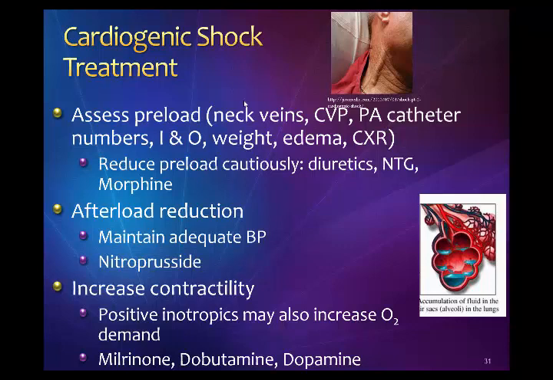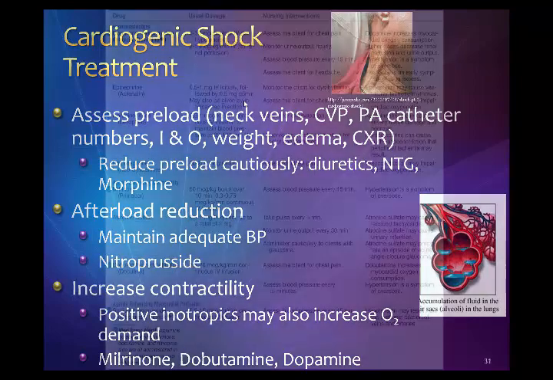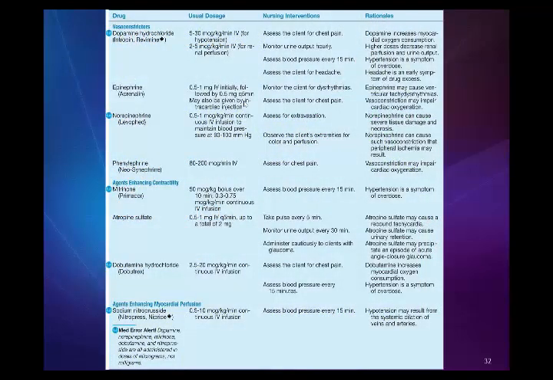And then increased contractility. Inotropic drugs are great, but you've got to remember they're also going to increase oxygen demand to the myocardium, so you get a little concerned about that. I've already asked you to know dopamine and dobutamine, so I won't add any more to that, so don't worry about the milrinone. Here's just that list again for you.